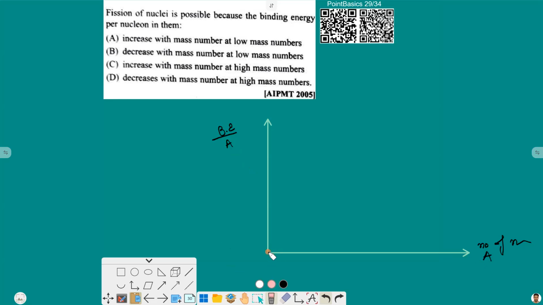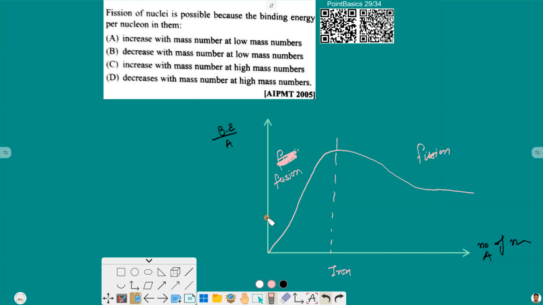This curve shows this type of behavior, and then it saturates, and its peak is at iron. Now on the left side we get fusion, and on the right side we get fission.